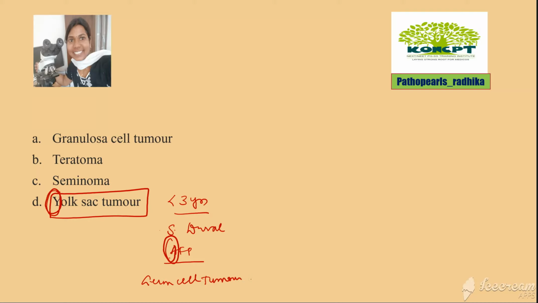What else do you know about yolk sac tumor? Sometimes yolk sac tumor can occur in a pre-pubertal age group or a post-pubertal age group. So what happens if it is pre-pubertal and what happens if it is post-pubertal? If it's pre-pubertal, it usually occurs at a young age.